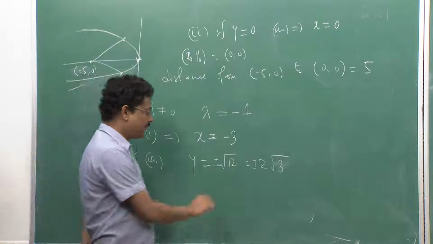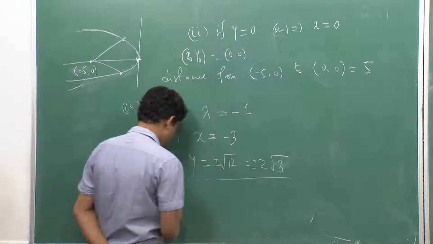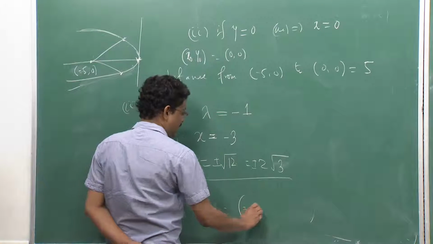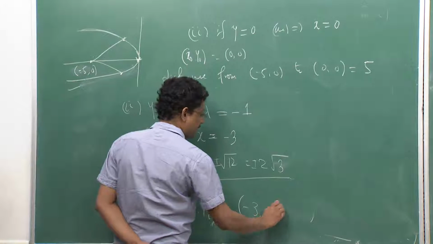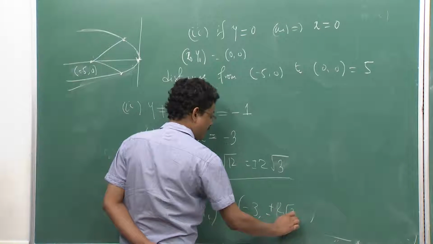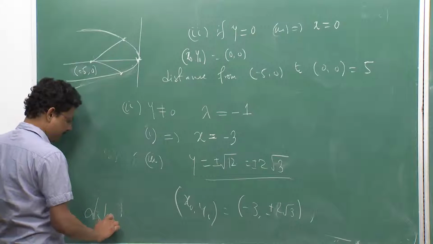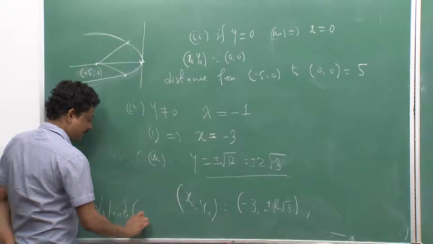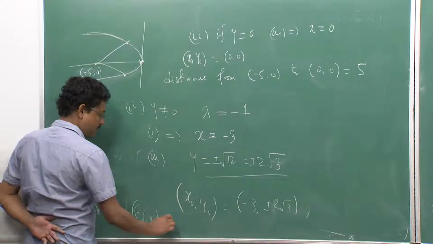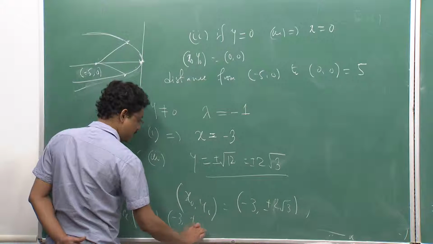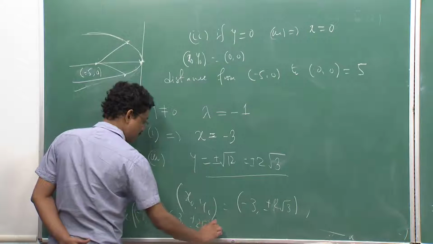Now, is it a minimum or maximum? So, the point x naught, y naught now becomes minus 3, plus minus 2 root 3, and the distance from (-5, 0) to (-3, plus minus 2 root 3), how much is that?